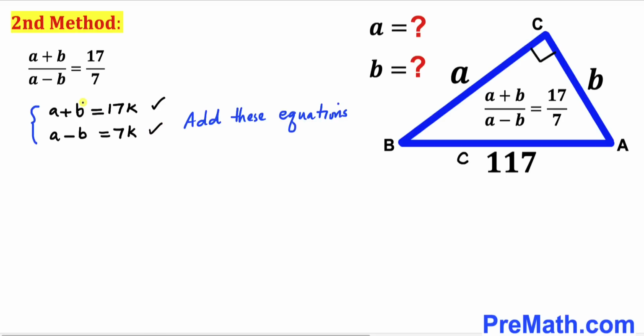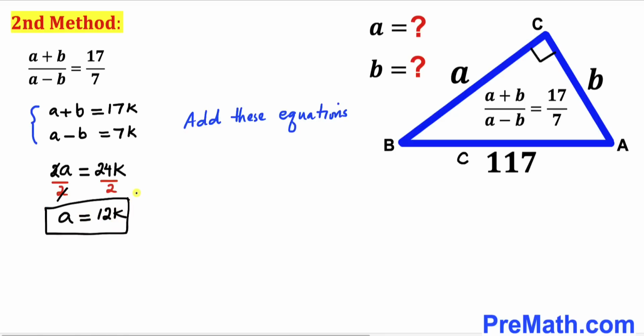If we add them, the positive b and negative b are gone. So 2a equals 24k. Now we divide both sides by 2 to isolate lowercase a, so a equals 12k.